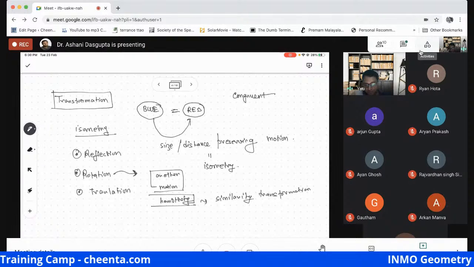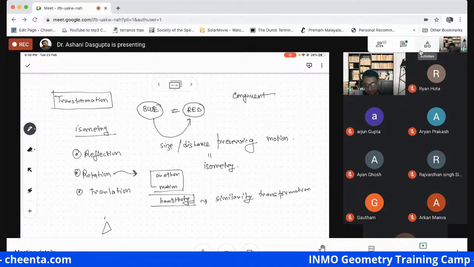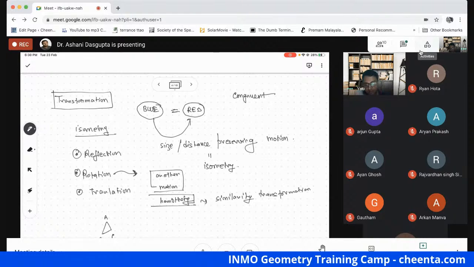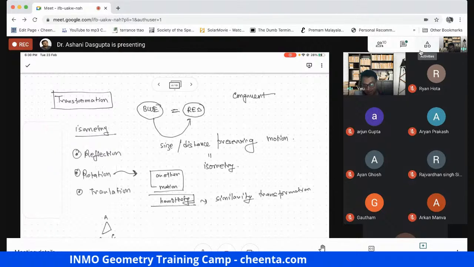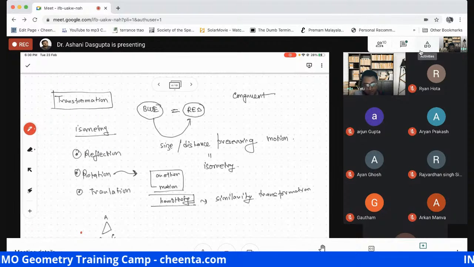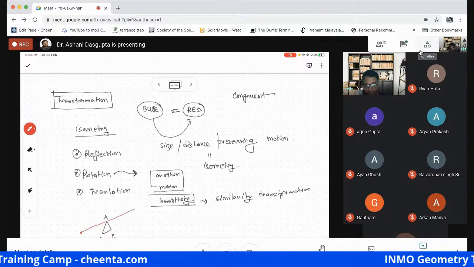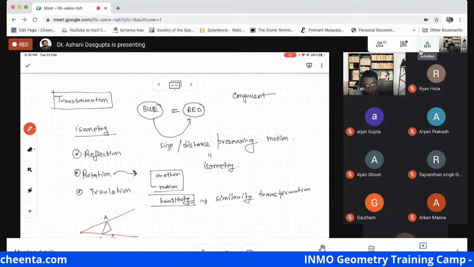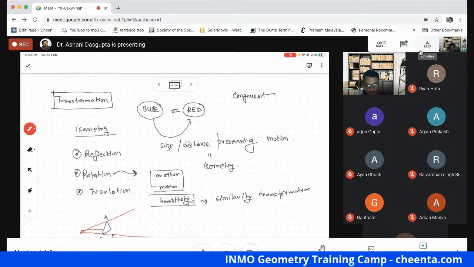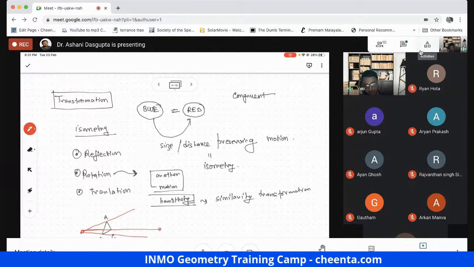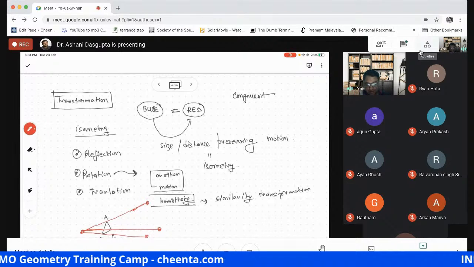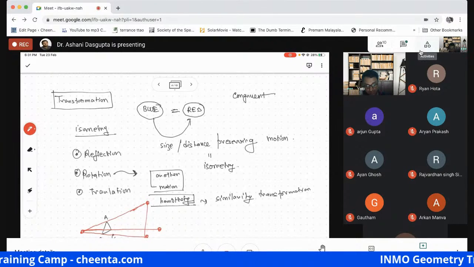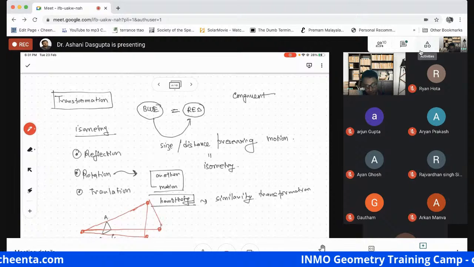So for example, if you have a triangle ABC, one way to think about similarity transformation, homothety, is this, that you are simply blowing up each of the points or the lengths by equal amounts. So it's like this.